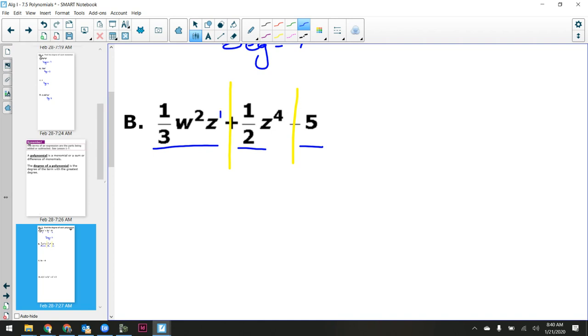I've got a 2 and a 1. That makes 3. What's the degree of my second term? 4. What's the degree of my third term? Okay, what's the biggest number that you see? So the degree of the entire polynomial is 4. Questions about that? Okay, let's keep it moving.